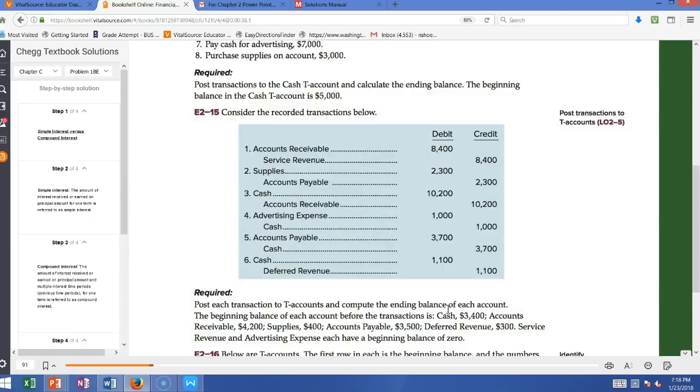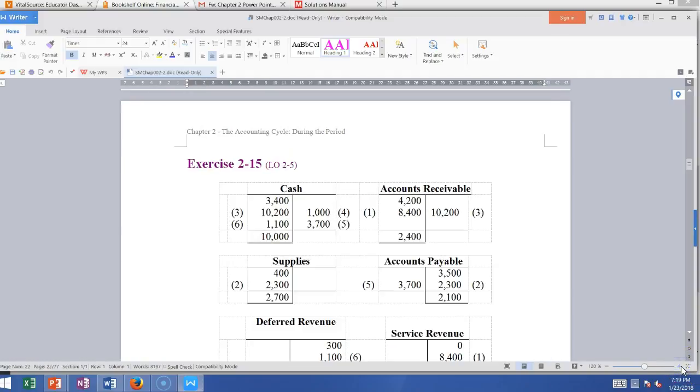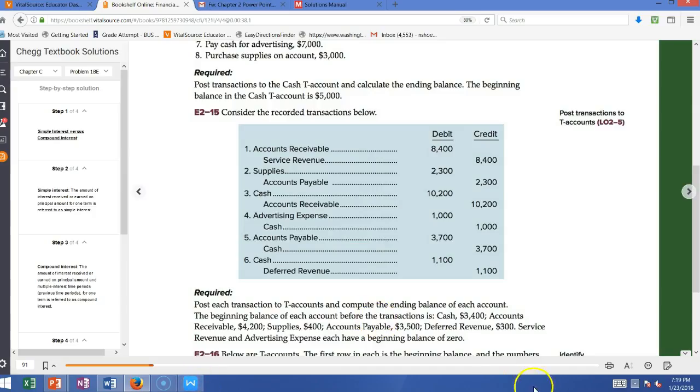Why? It's an asset. So you're going to begin, you're going to write the word balance, even though this doesn't show balance. But you see here the $3,400, this is what we began the account with, okay? You're going to put a $3,400 in there. Then it tells us accounts receivable should have a balance of $4,200. What are you going to do there?